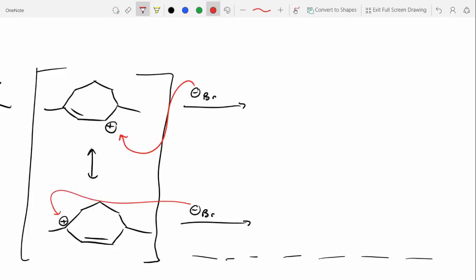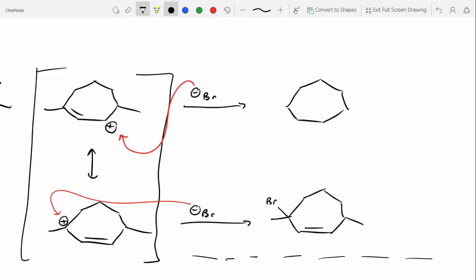This bromine, if it attacks, will attack there. Okay, almost there. Sorry, I know this one's a pain to draw, but it proves a point, so bear with me.